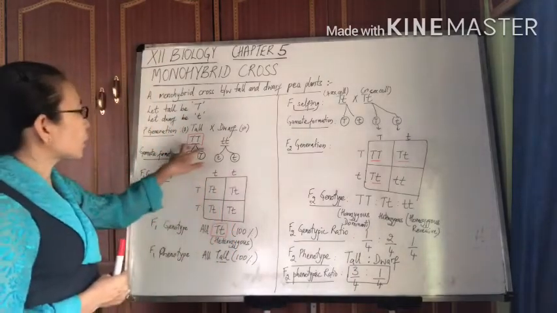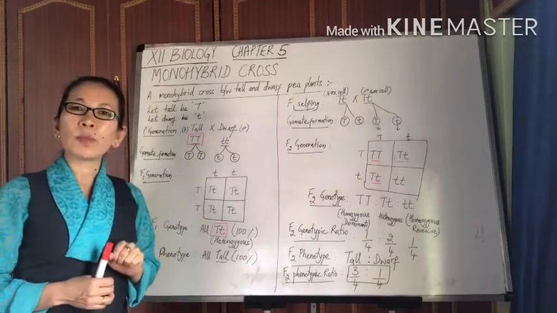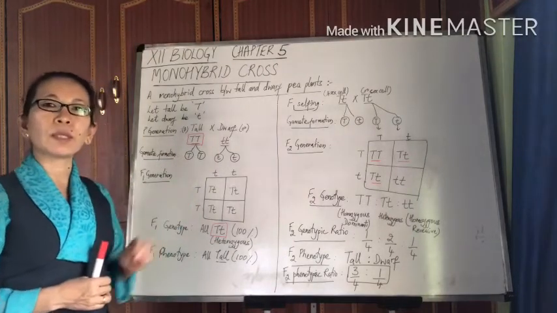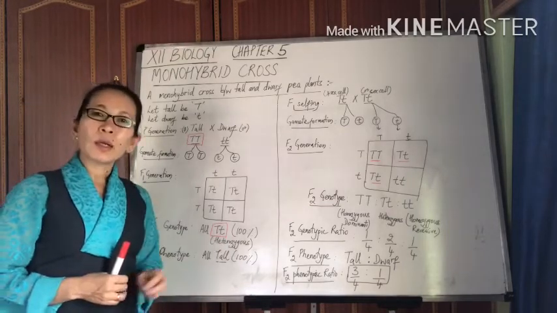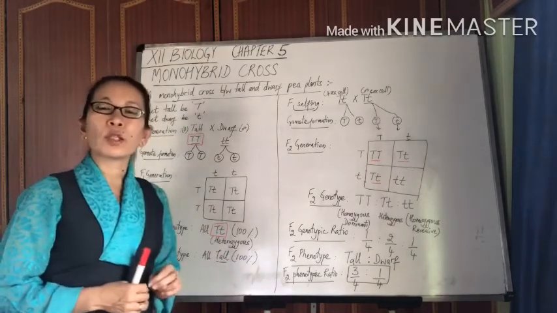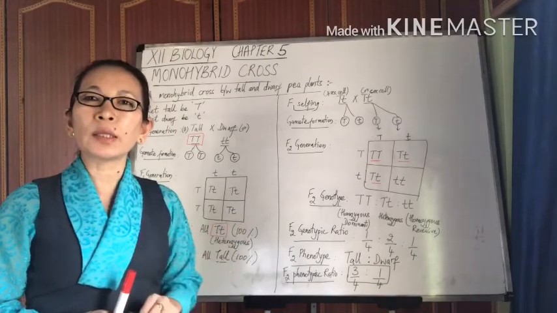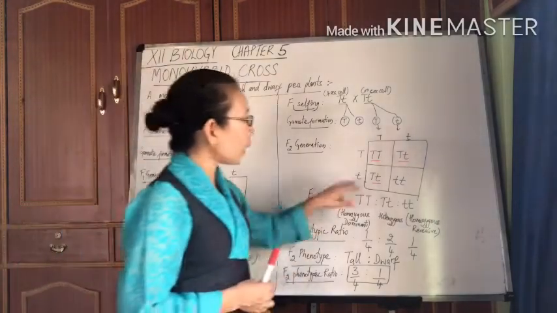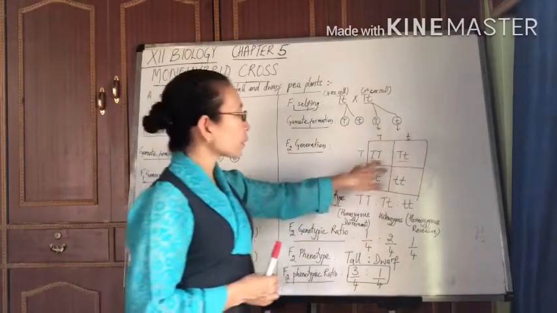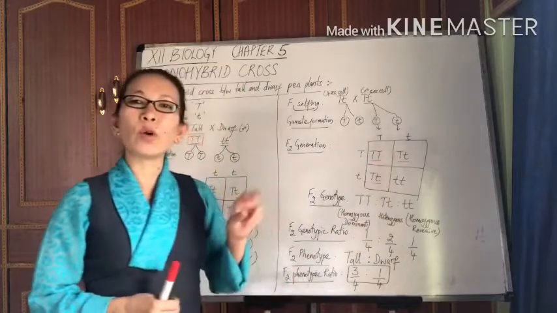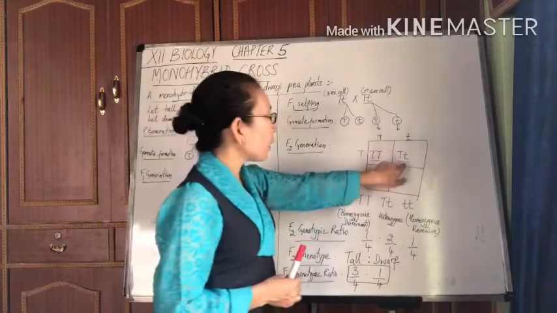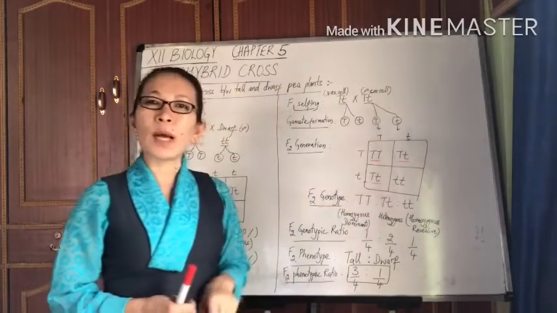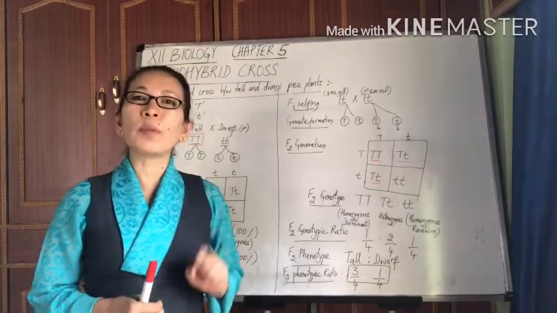Parental genotypes were the homozygous dominant genotype with two capital T's, but the F1 hybrids had the heterozygous dominant genotype with capital T and small t, and in the F2 as well we have some of the tall plants having the homozygous capital T combination of genotype, and the rest of the other tall plants having a heterozygous dominant genotype, capital T, small t.